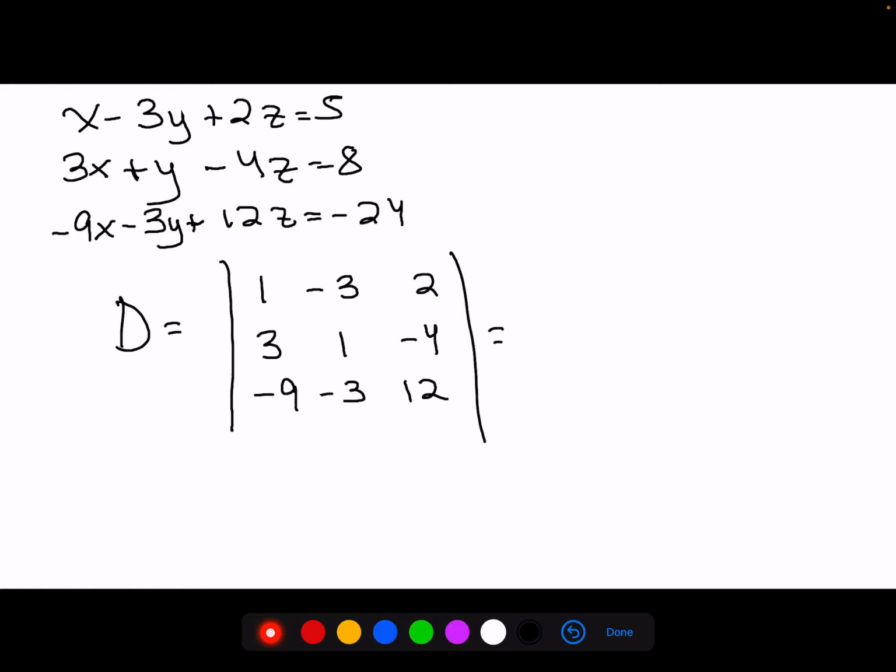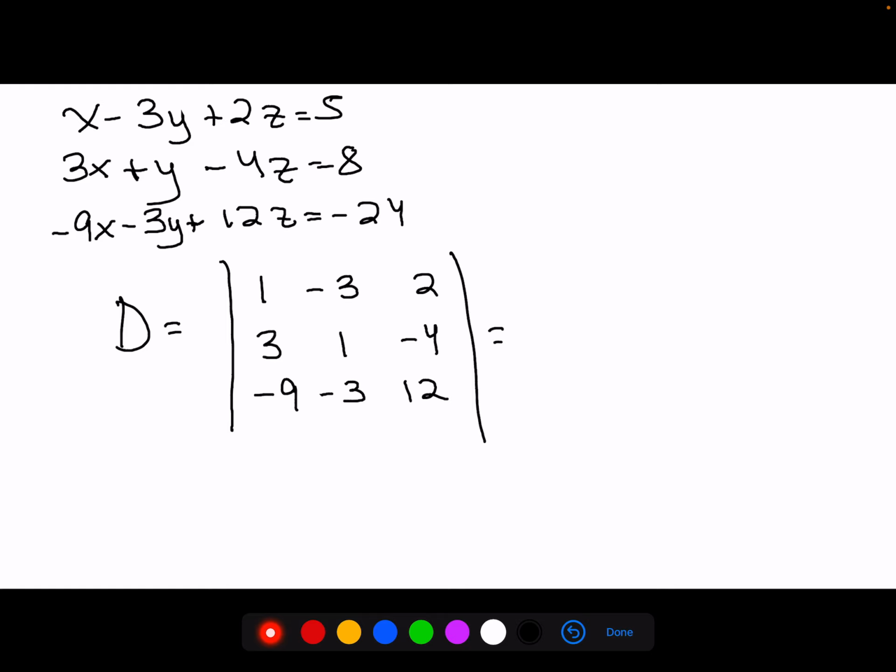Now it's a 3 by 3 because I have 3 equations, 3 unknowns. It has to be an n by n system, a nice little 3 by 3 kind of situation. It has to be in this kind of form with x, y, z or x, y or whatever. And now from here, let's just do that determinant.